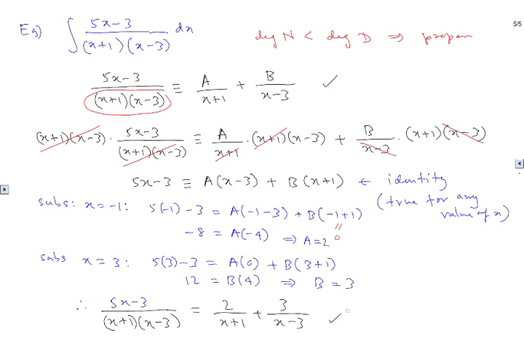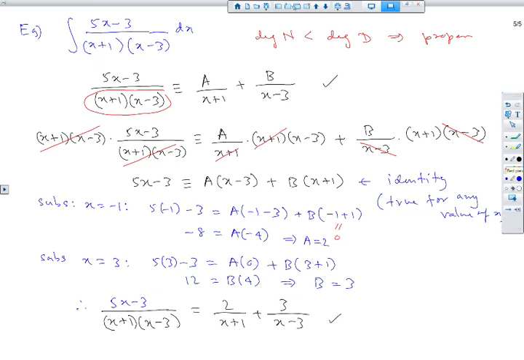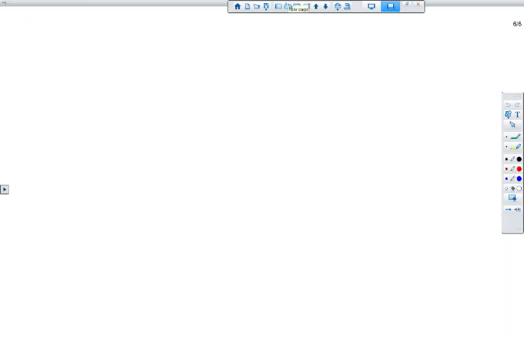Now what we can do, we're going to finish the integral now. So in the integral it is (5x minus 3) over (x plus 1)(x minus 3) dx. Now we can integrate term by term.